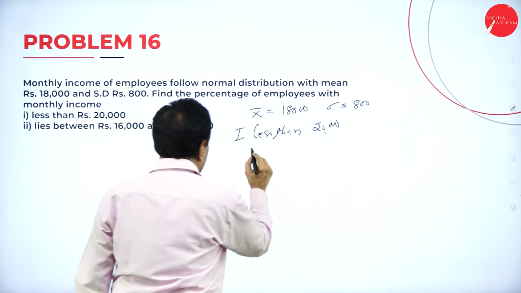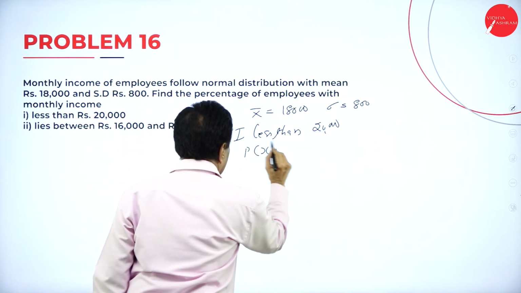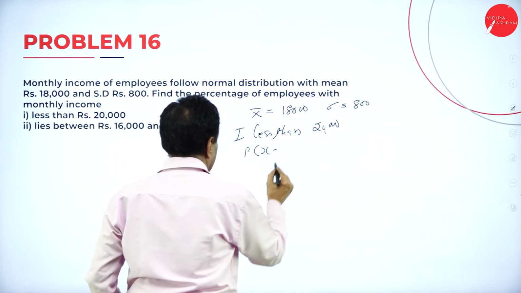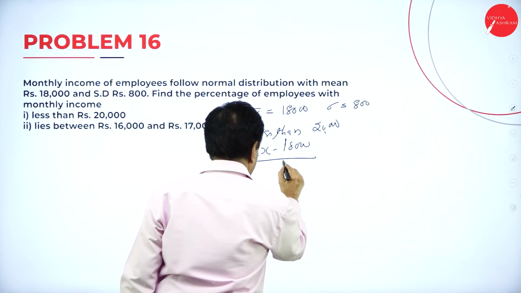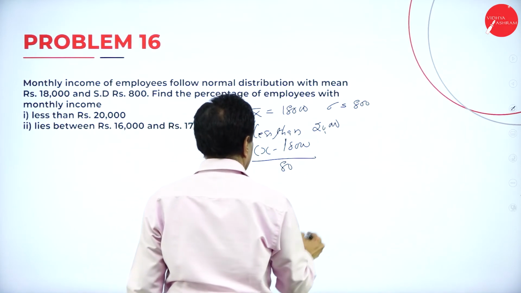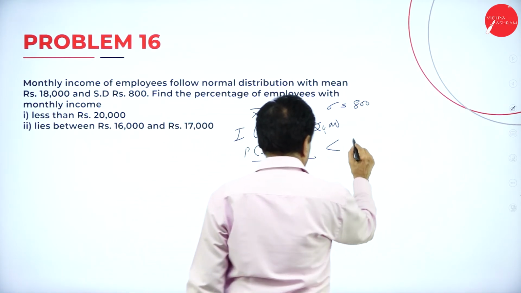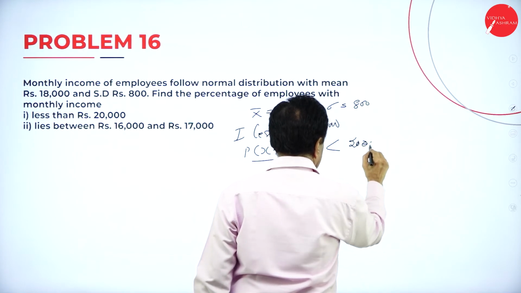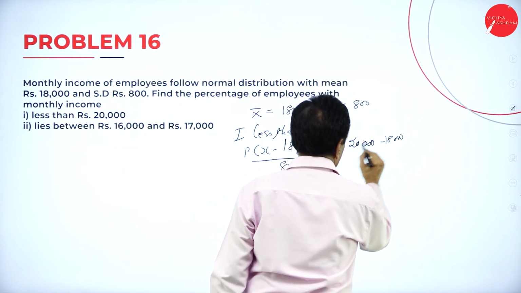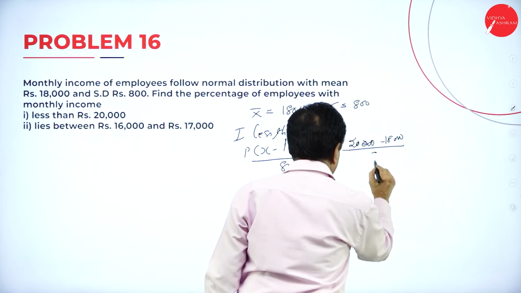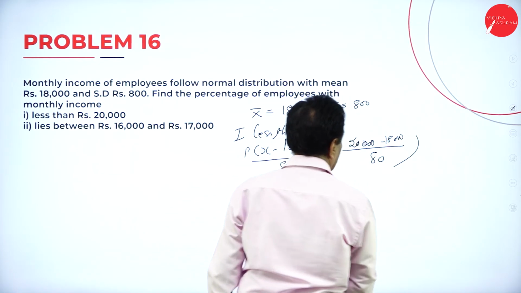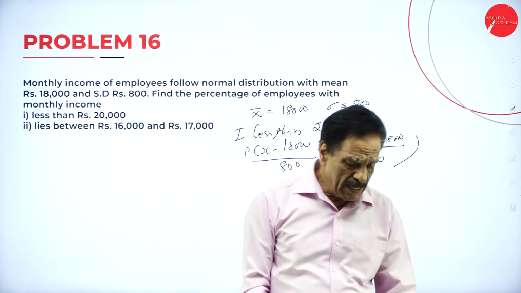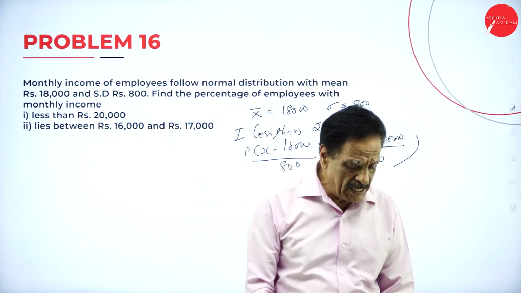So x minus 18,000 divided by 800 is less than 20,000 minus 18,000 divided by 800.